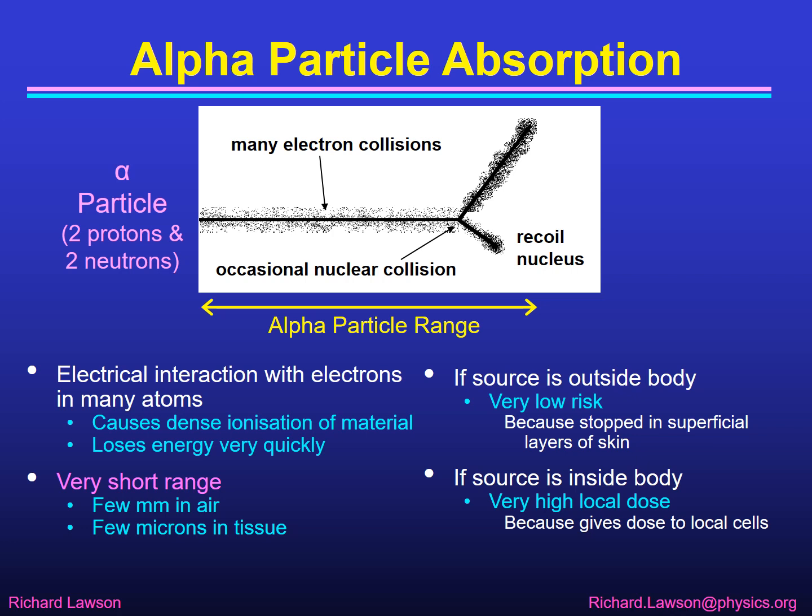However, if we've got an alpha particle source inside the body, then we get a very high local dose, because all of the energy of the alpha particles is absorbed within a few microns within the cell in which the alpha particle originates. So we get a high amount of energy deposited per unit mass, a high dose.